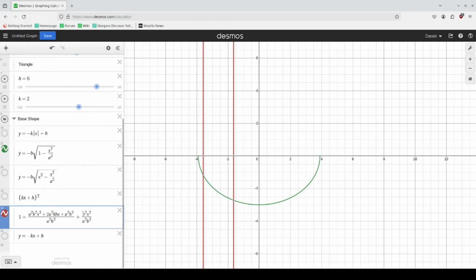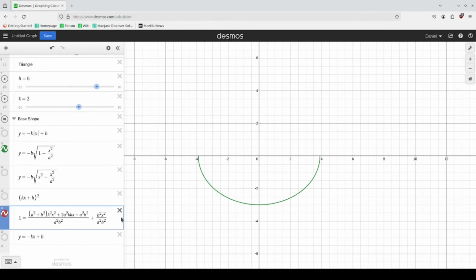And now we can add this term. This is a squared plus b squared. All right, because combine like terms. And now we don't need this piece anymore.